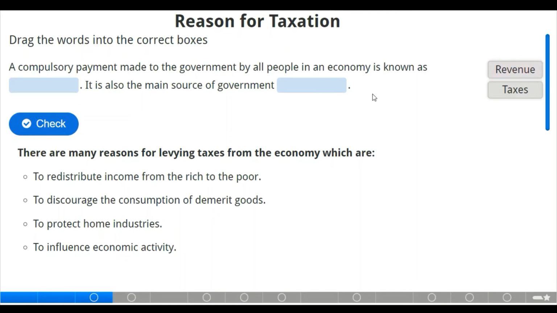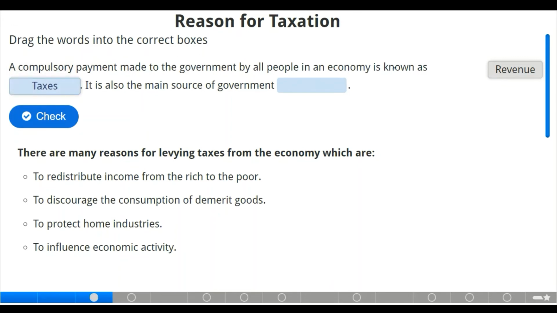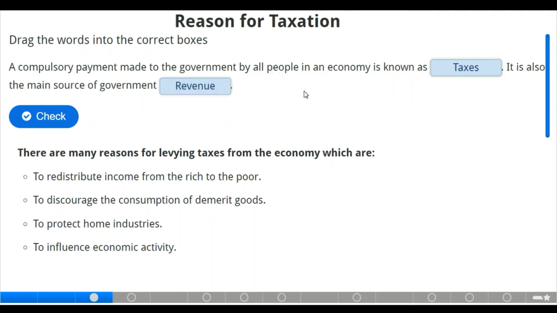Of course, a compulsory payment made to the government by all people in an economy is known as taxes. The main source of revenue for government is tax.